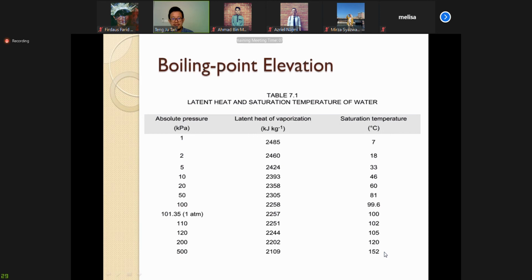Here, 1 atmosphere, 101 kilopascal, for water is 100 degrees Celsius. So when you have lower, like 20 kilopascal, you have 60 degrees Celsius boiling point for water. But latent heat is opposite, just as I told you before in appendix 8, the opposite relationship. So when the pressure is decreased, latent heat will be increased.